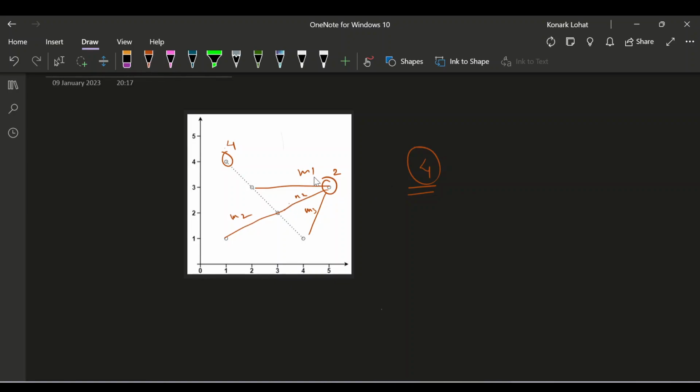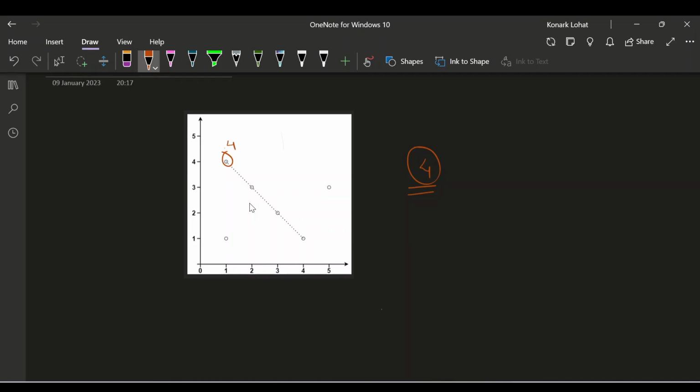And I think you are getting the intuition of how we are solving this question. So basically, at every point I am trying to connect that point to all other remaining points. When I'm doing that, I am calculating the slope of the line segments that I get by connecting those points.